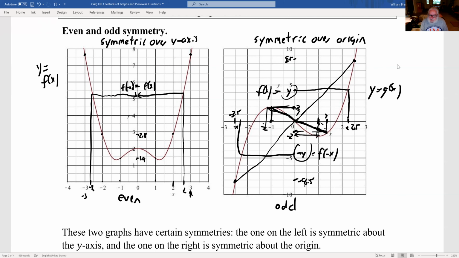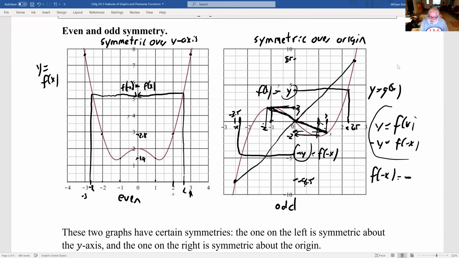Putting these together, y equals f of x. And then whatever y this is, that had better be equal to f of minus x. So together these tell me that the output from minus x is the opposite of what you get for x. So if I plug in the x value and get this y value, if I plug in the opposite x value, I should get the opposite y value.